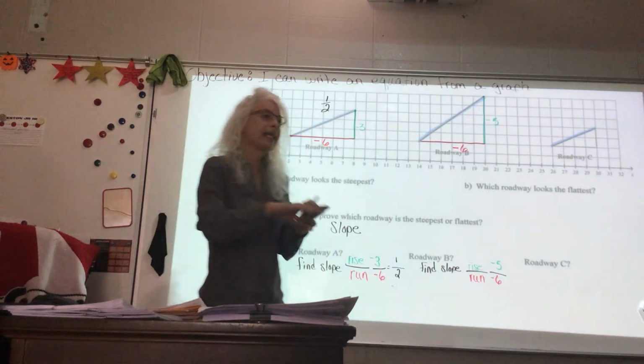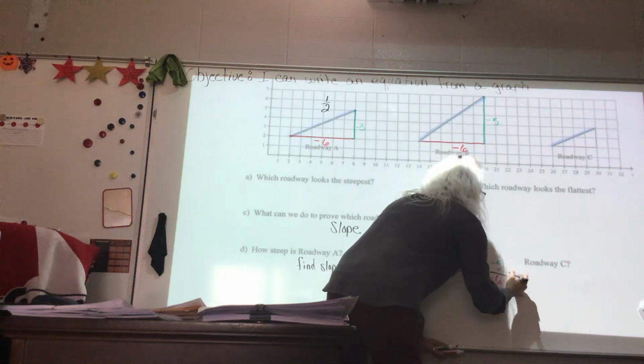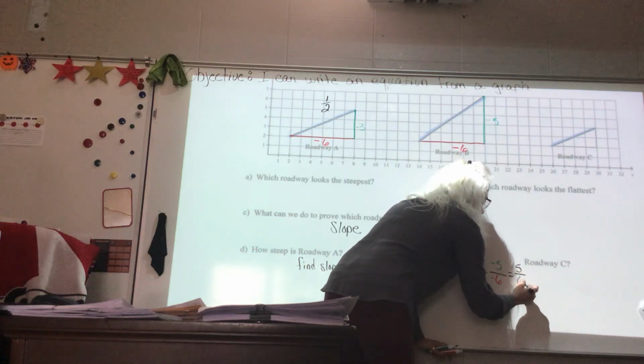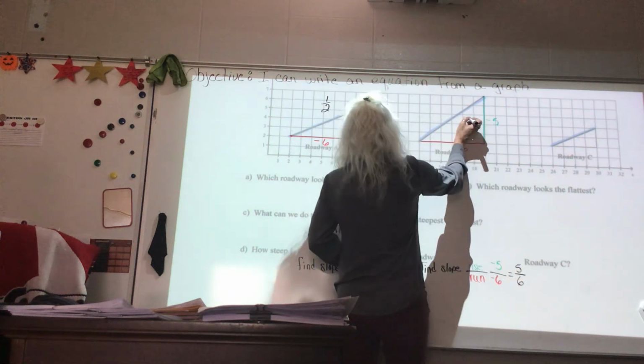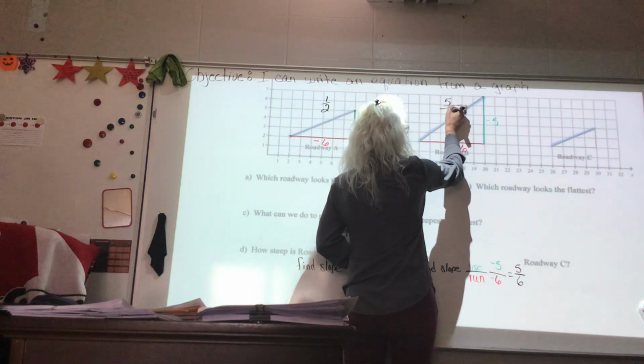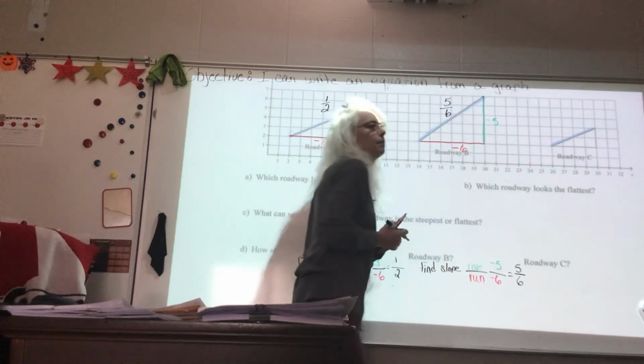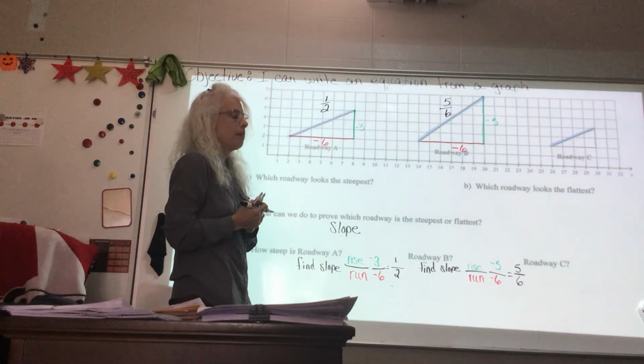Negative divided by negative is a positive, and 5 over 6 will not simplify as a fraction. So the slope of this one is 5/6.